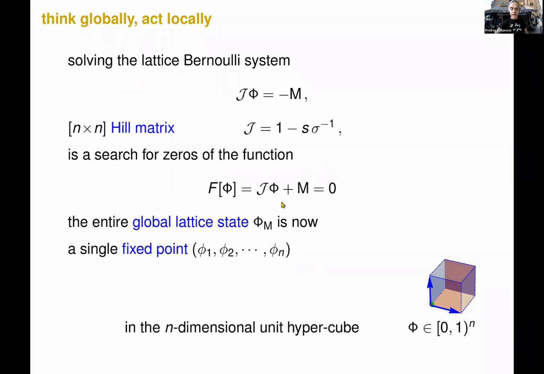And now the entire global lattice state is a fixed point in a unit cube, in an n-dimensional unit cube. So we have converted the problem of finding allowed walks through Bernoulli into a fixed point problem.